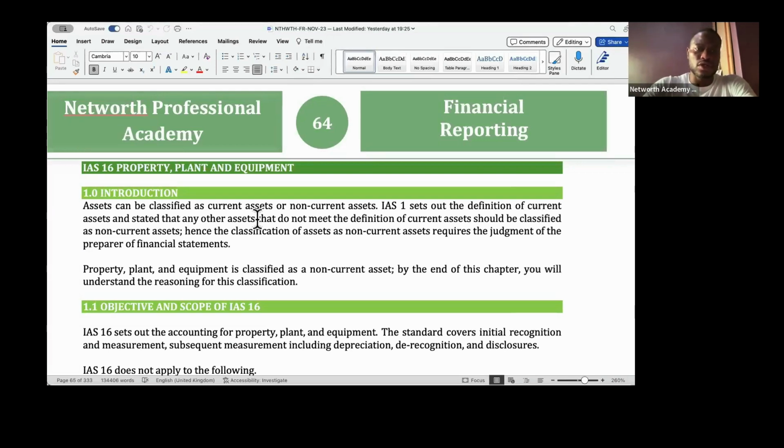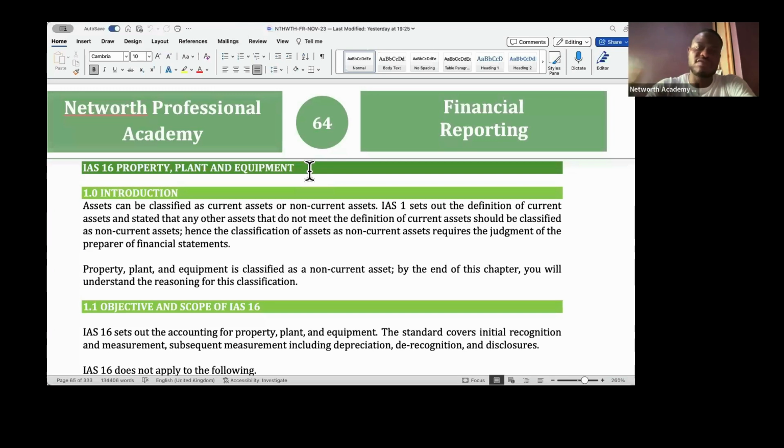Now, today we are going to be looking at IAS 16 on property, plant, and equipment. First, if you remember, IAS 1 said that an asset can either be a current asset or a non-current asset.